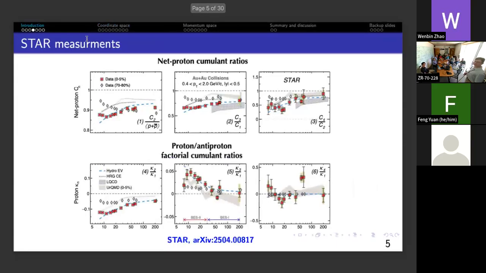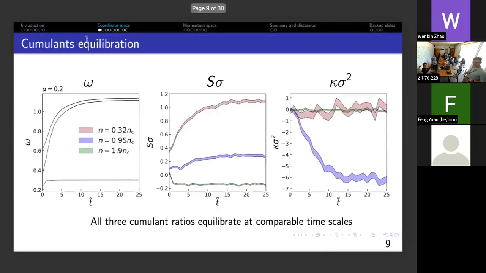So this is the null result of BES-II, as it is sometimes interpreted. Also, kappa four, kappa one, for example, looks consistent with zero. But if you show your result on the 24th slide, let me go there.